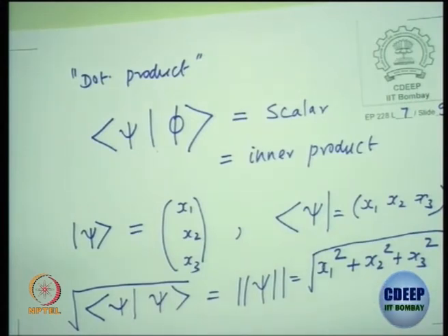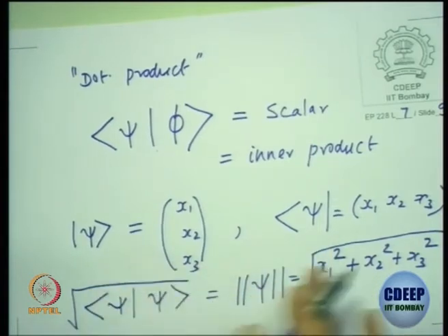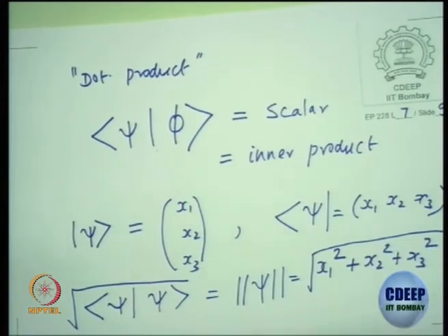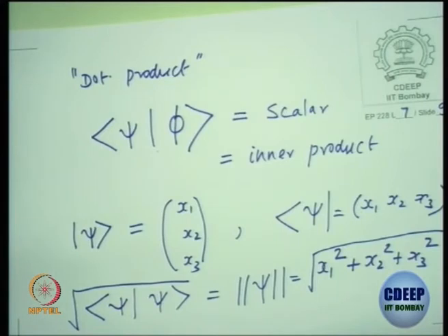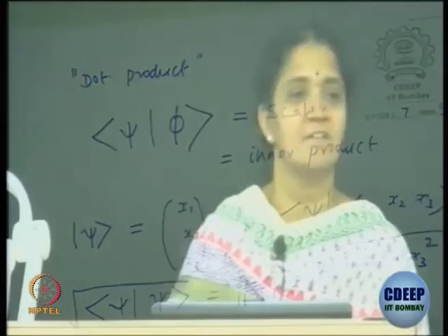If I take the inner product, what will happen to this? It will become complex, right? x1 squared plus x2 squared plus x3 squared: x1 squared will be complex, x2 squared will be complex, x3 squared will be complex. But then calling it the length of a vector loses its meaning. You do not want a complex quantity for the length of a vector.